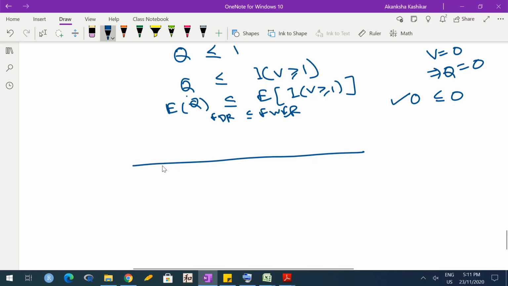So let me draw the picture again. PCER is somewhere here, FDR is somewhere here, and FWER is somewhere here. Of course, they are not like equidistant or anything. The distances are not at all indicative of the actual distances. What Bonferroni and Sidak try to do is they try to decrease family wise error rate to be below alpha.